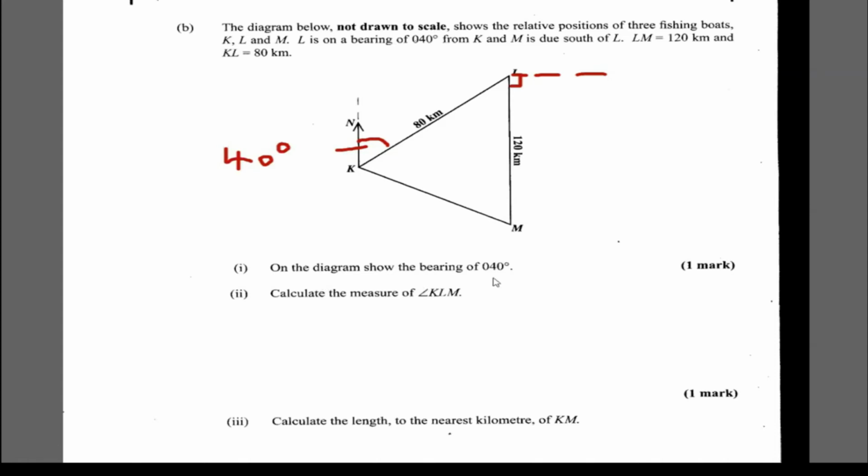Well, show the bearing 40 degrees, which we did. Then it says calculate the measure of angle KLM. So let's work out KLM. I like to set up my right angle triangle. I know that right here would be 90, so this inside angle is 50 degrees.